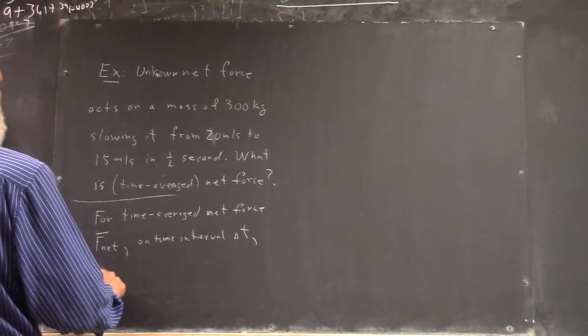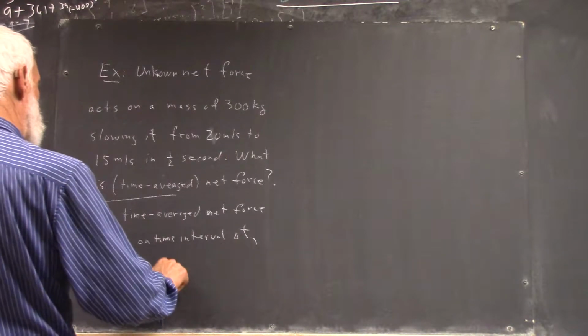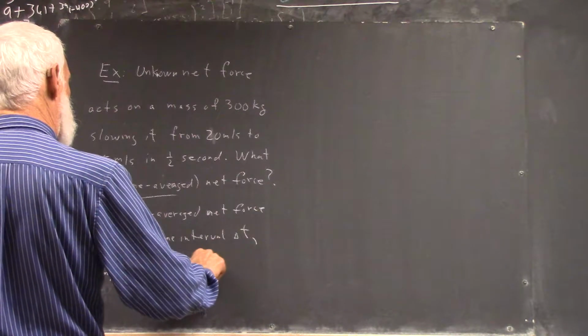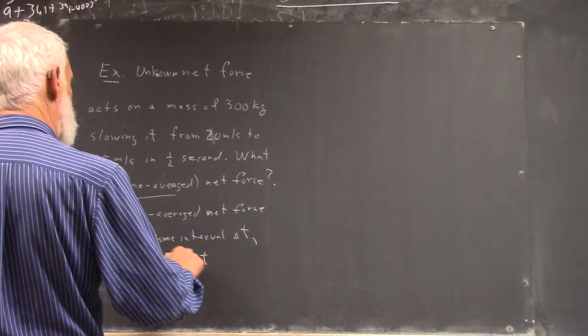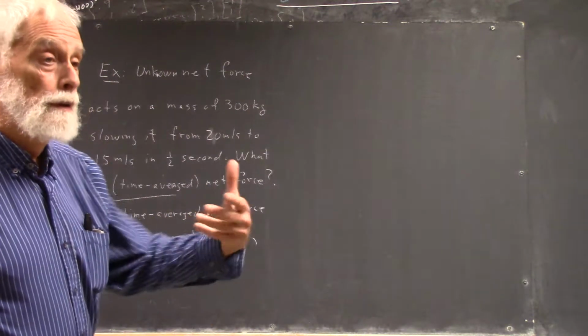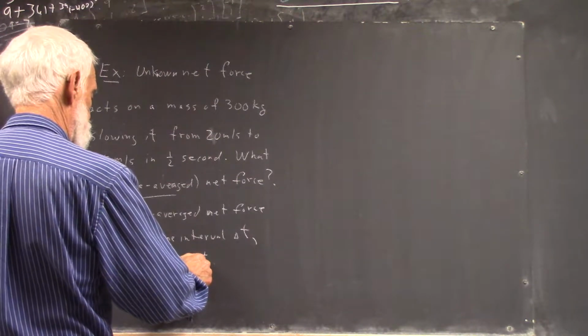Well, the impulse is F net bar delta t. Now, the impulse of the net force is always equal to the change in momentum. Again, we prove that using a little bit of calculus.